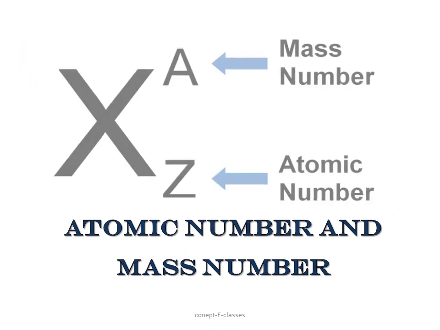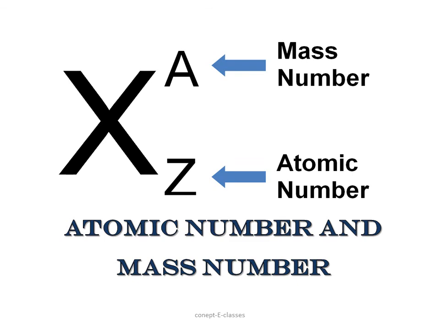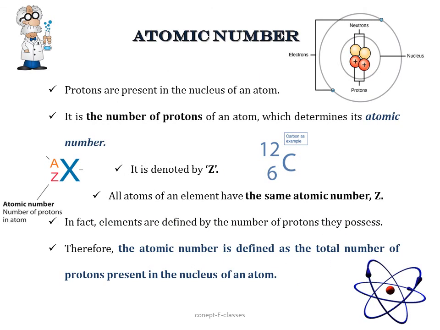Now let's study atomic number and mass number. We have already learned that protons are present in the nucleus of an atom. It is this number of protons of an atom which determines the atomic number.